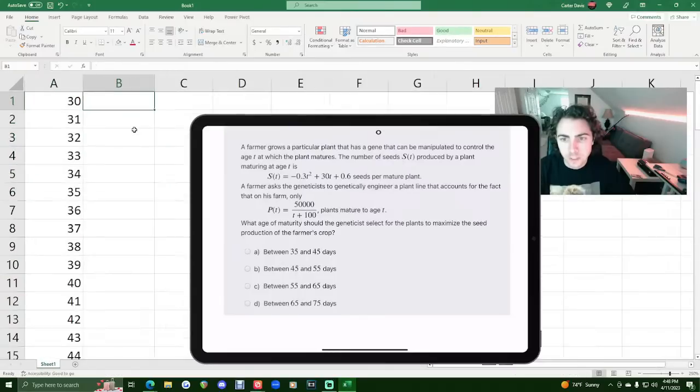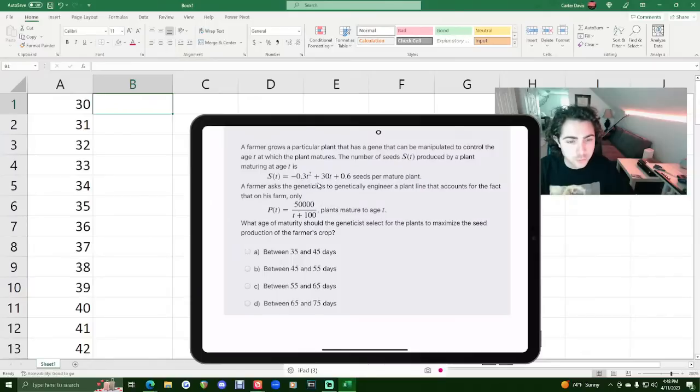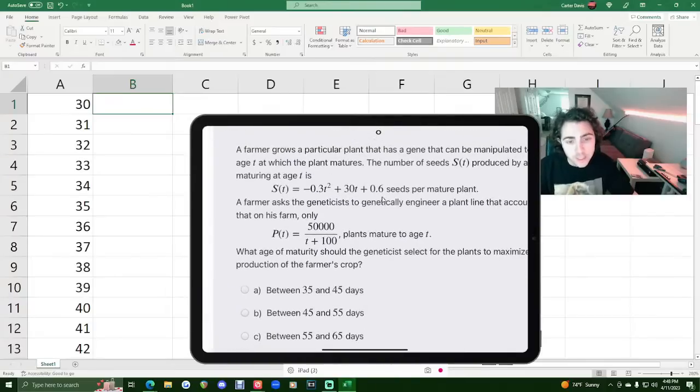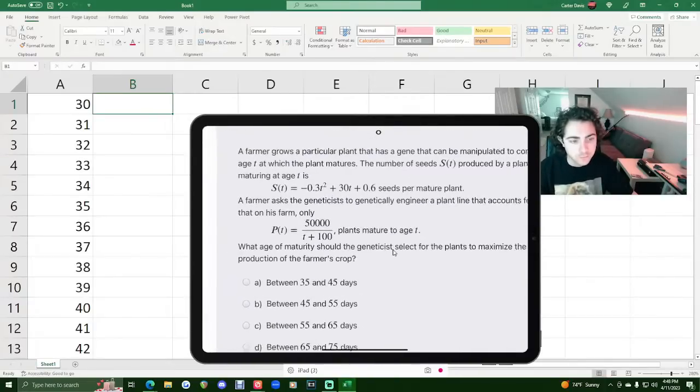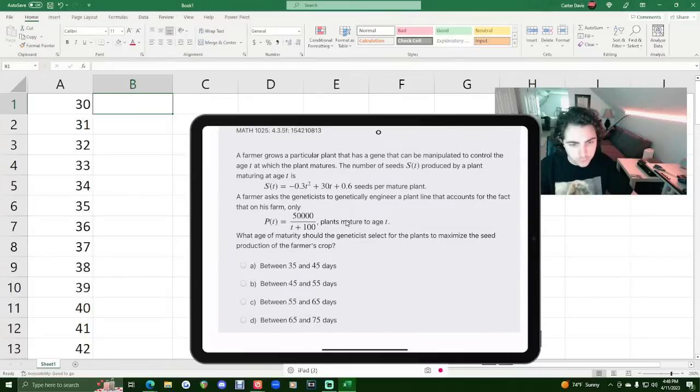All right. And now, the function we will input, it's not explained very well here, but what we do is multiply this function s by this function p, and that will give us this seed production function that they're asking us to find a maximum of. So when we input a function, we're going to input this function times this function.